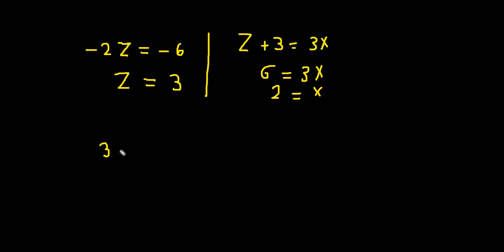The third one: 3y plus x equals 7. Solve the equation of the first degree with two variables.